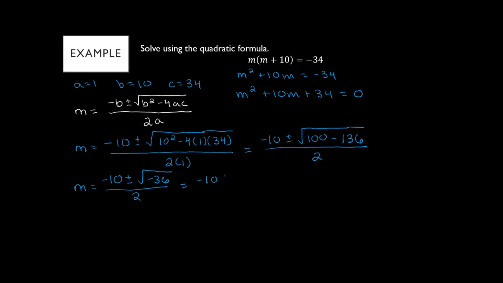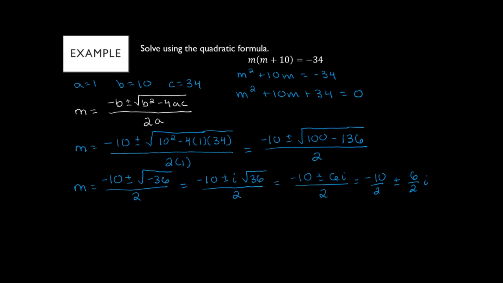So that's going to be negative 10 plus or minus i times the square root of 36 over 2. Now the square root of 36 does come to whole numbers, so that's going to be nice. So that is negative 10 plus or minus 6i over 2. I'm going to do the same thing that I did on the previous problem and split this up. So it's going to be negative 10 over 2 plus or minus 6 over 2i.